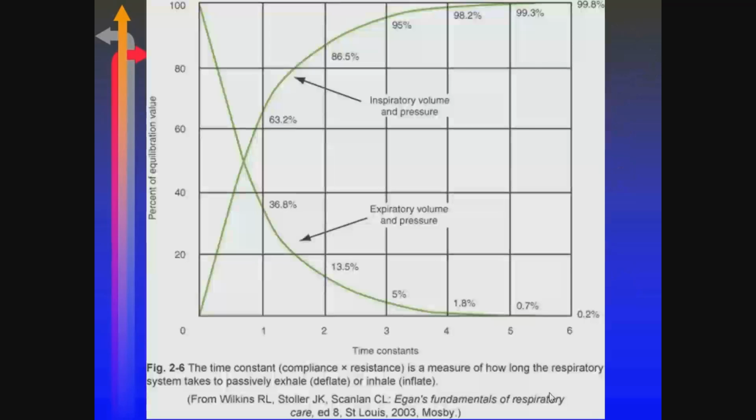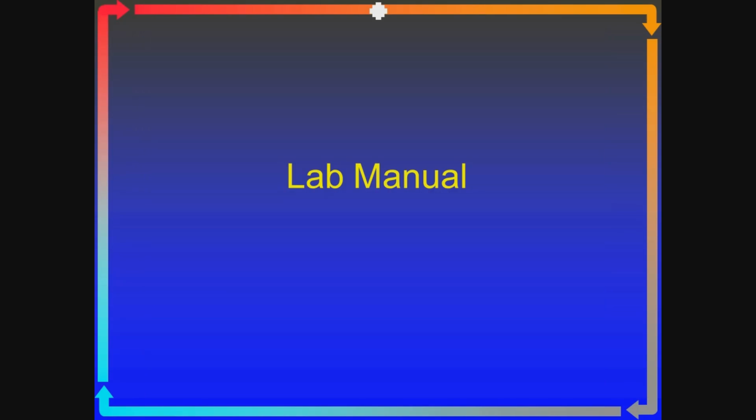And that's what this is kind of showing, that mathematically you need about 3 time constants to get the bulk of the gas in or out of the lungs. Okay, I'll leave it at that.